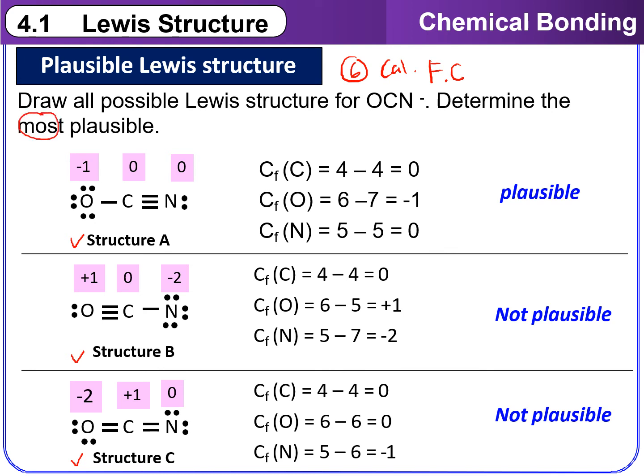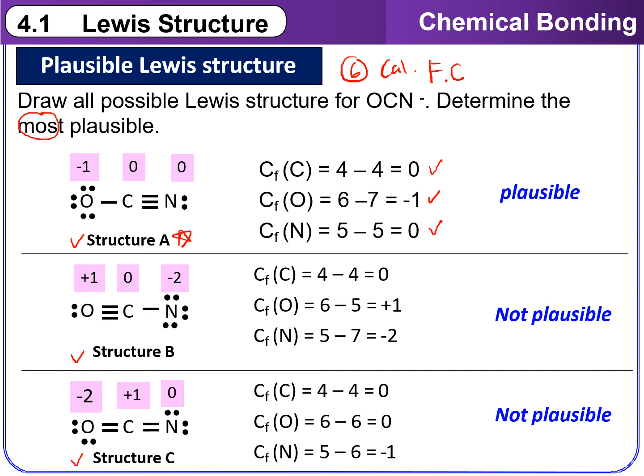So look at structure A first. For the carbon, 4 minus 4. For oxygen, 6 minus 7. Nitrogen, 5 minus 5. So when you look here, we will notice that the total charge, -1 plus 0 plus 0, is equal to -1.